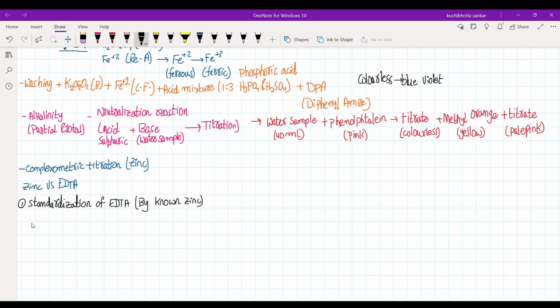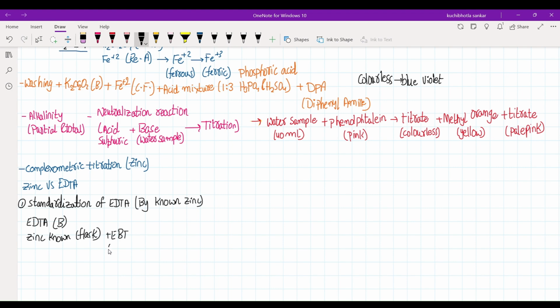So it is pretty simple. You take EDTA in the burette, and you take known zinc in the conical flask, and what you do is you add EBT indicator.